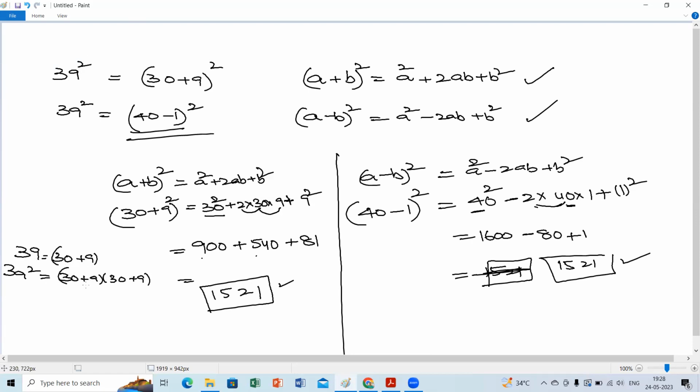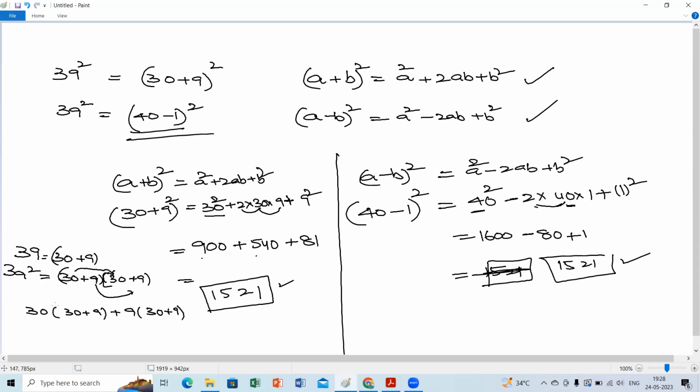The first number is multiplied with the complete second bracket, and the second number is multiplied with the complete second bracket. So 30 into 30 plus 9, and 9 into 30 plus 9.